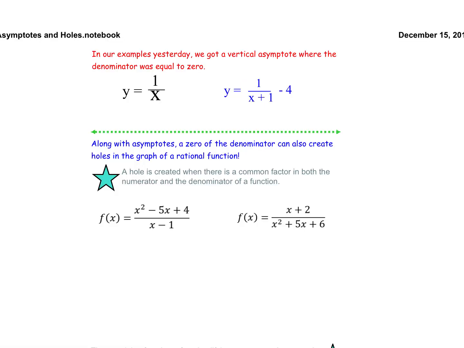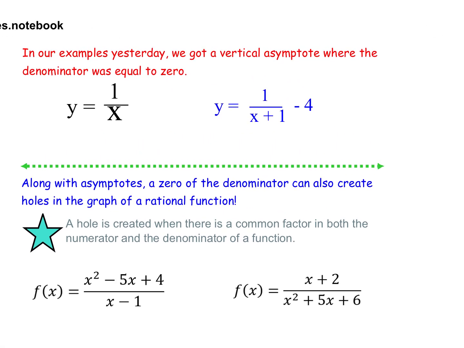So let's go to this. If you didn't notice this, -1 was a problem yesterday, right? You can't let it be -1. And either it was a hole or it was an asymptote. If it didn't work, it was either a hole or an asymptote.